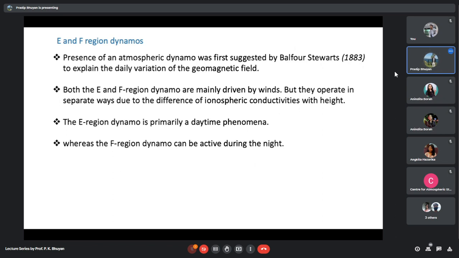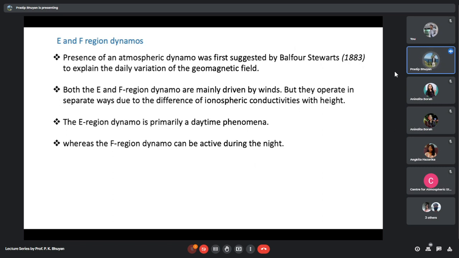If you have a constant source, then the geomagnetic field on the ground will also remain constant. But if it is not constant, then it will vary. So he assumed that these variations are due to a dynamo mechanism which is possible in the atmosphere.